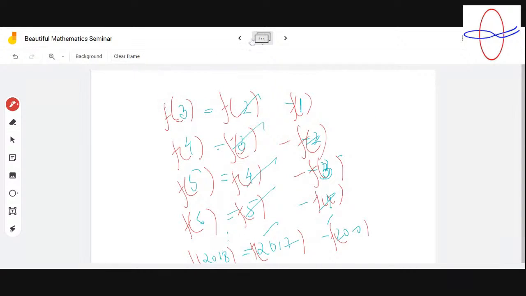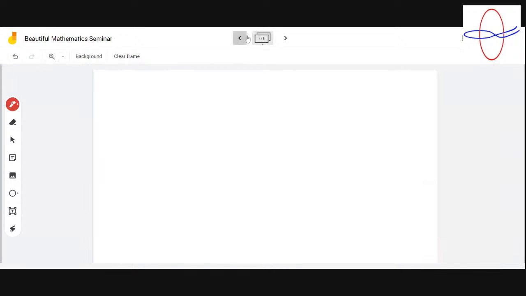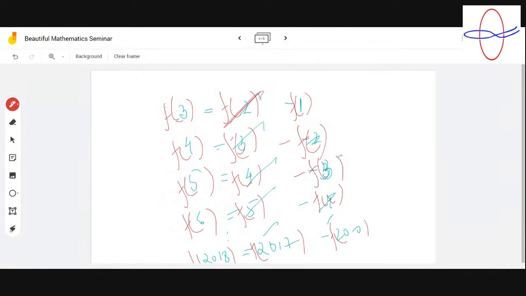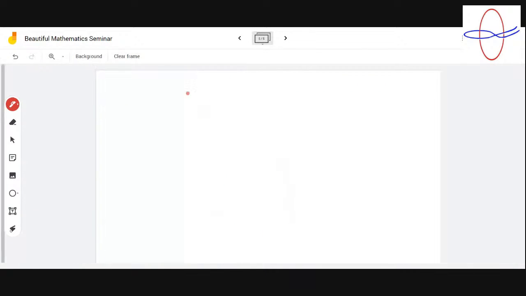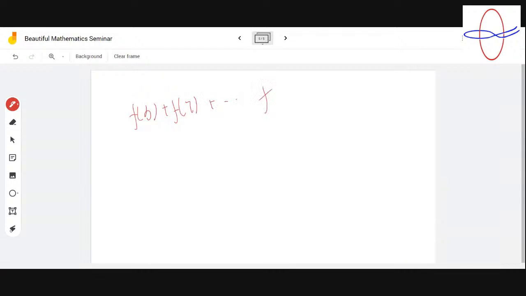So these things get cancelled, all of this gets cancelled. Minus 2016 also gets cancelled. So it turns out that f of 3 plus f of 4 plus dot dot dot f of 2018 is equal to f of 2017 minus f of 1 plus 3 plus dot dot dot 2018. Is this correct? I guess so.